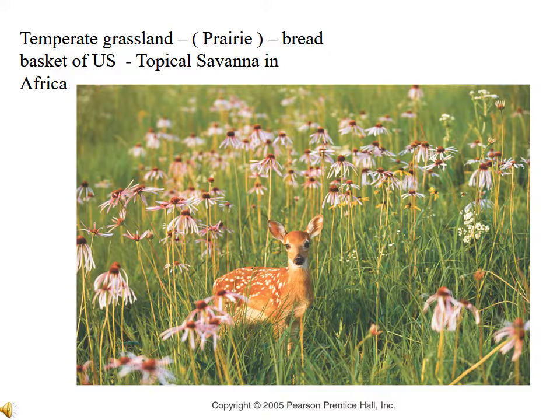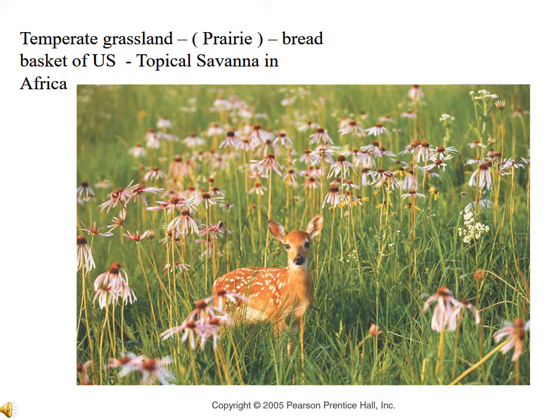Now we go to the temperate grassland. We often refer to this as the prairie. So picture yourself heading west towards California, which I do quite often. As we head west, we leave Indiana and we go to the temperate grassland. This is where, as you move further west, you find high grasses.